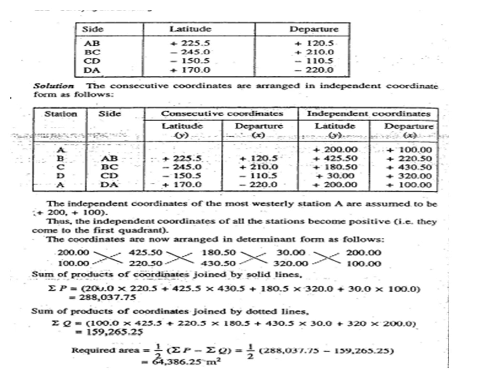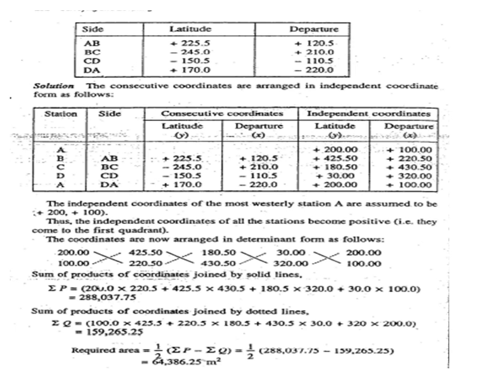Similarly, by making use of 425.5, we may consider the next line, which has the latitude minus 245. Since it is a negative value, we have to subtract from the latitude of AB. So 425.5 minus 245 gives you 180.5. Then by considering 180.5 as the independent coordinate for line BC, we will consider the consecutive coordinate of line CD, and it is minus 150.5.